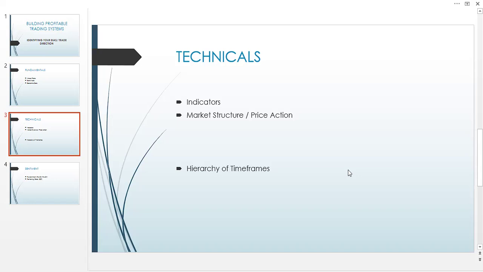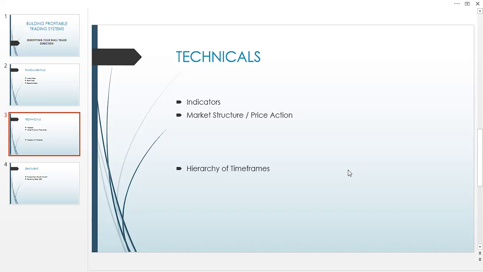So, for instance, I remember at one point, one of the things that I was using was three moving averages, right? A situation where you have something like your 200 EMA, your 100 EMA, and your 50 EMA. So, if the 50 EMA is below the 100 EMA and the 100 EMA is below the 200 EMA, then we say we have a downtrend.